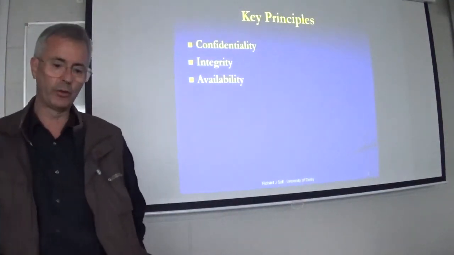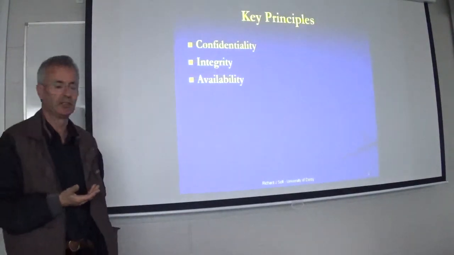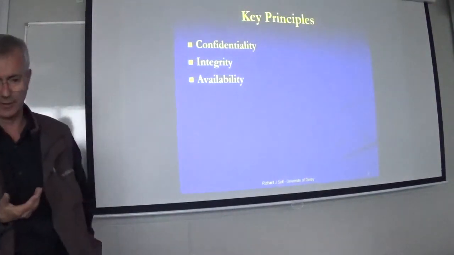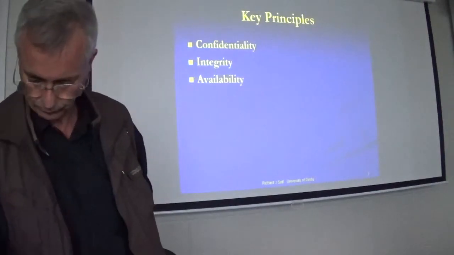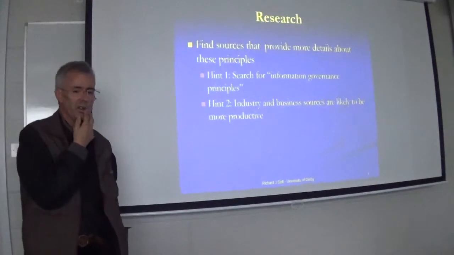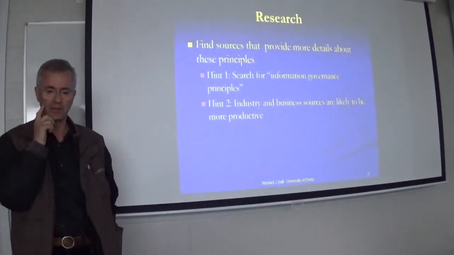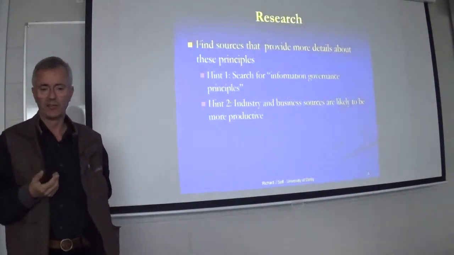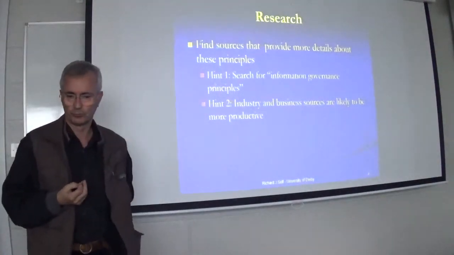So three crucial principles: confidentiality, integrity, and availability, the CIA. What I want you to do for the first part, for the next sort of three quarters of an hour, is to do some research.